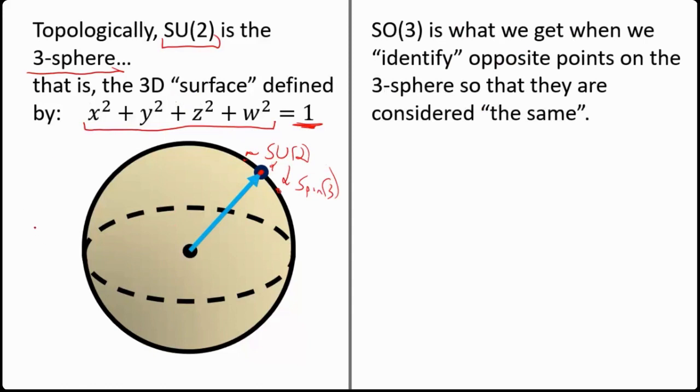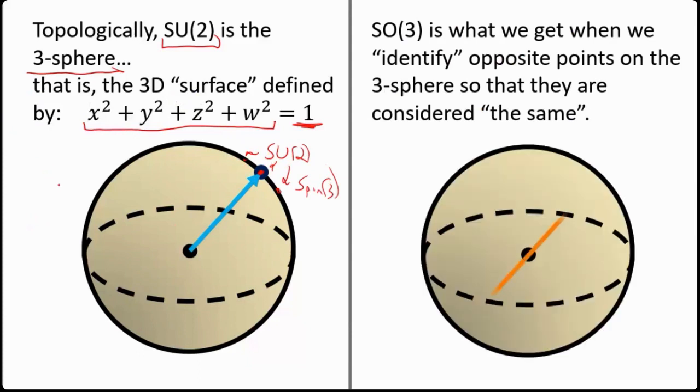Now SO3 is what we get when we identify opposite points to be the same. Remember how there's two spin 3 points for every SO3 point? So this point over here and this point over here give the same rotation.